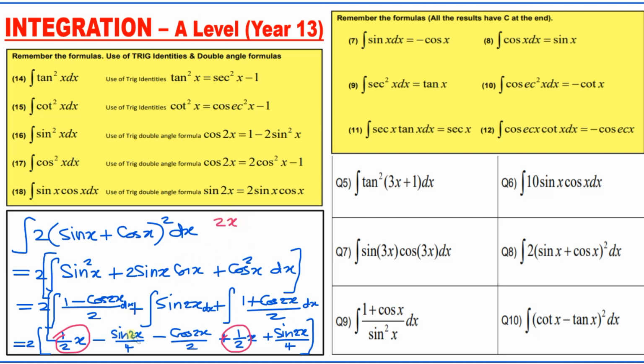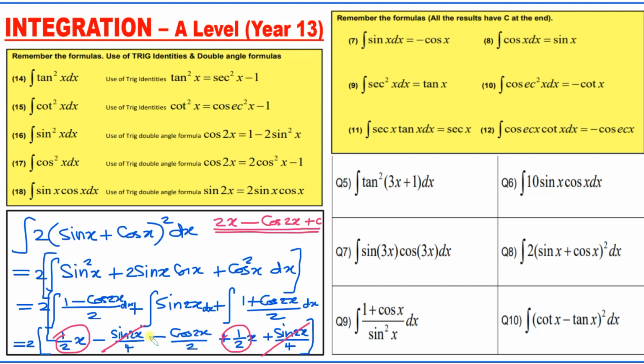Then minus sine 2x over 4 cancels with plus sine 2x over 4. And the final answer: minus cos 2x over 2 times 2, then that answer is minus cos 2x plus c. And that is the answer.